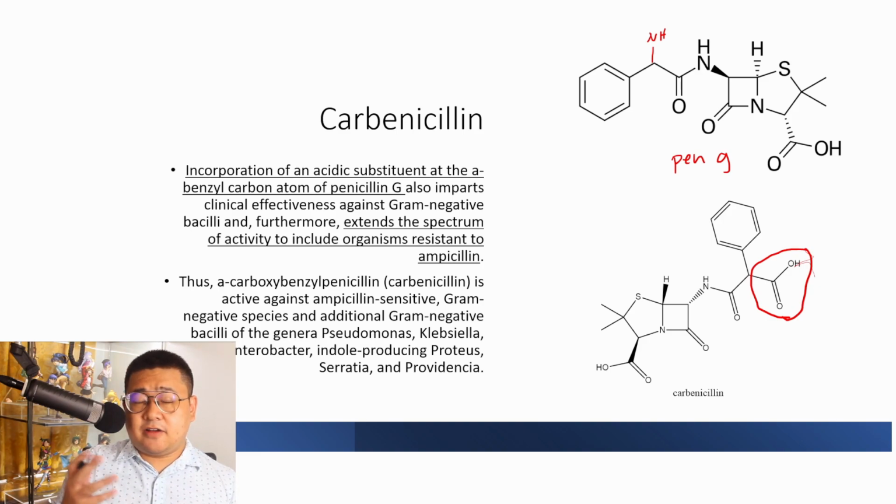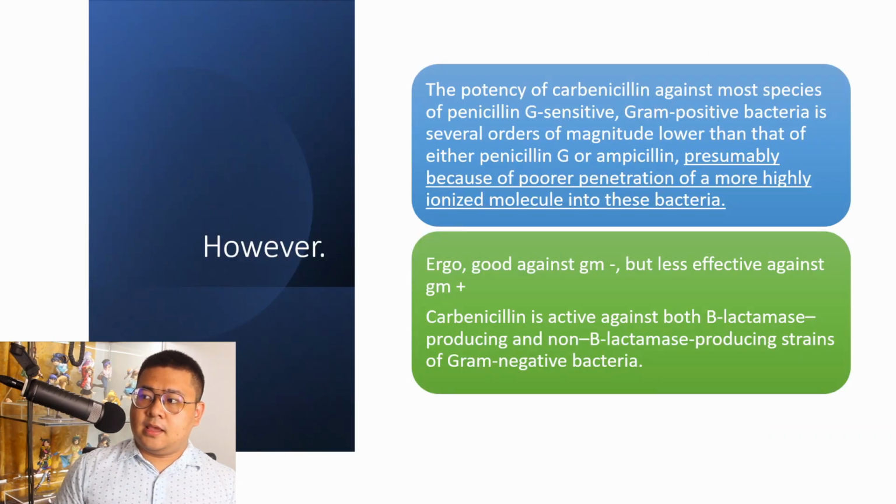It has roughly the same activity as our ampicillin. However, it has a broader range against gram-negative bacteria, including Pseudomonas, Klebsiella, Enterobacter, Proteus, Serratia, and Providencia. However, please do take note that the potency of carbenicillin against most species of penicillin G sensitive bacteria is lower than either Pen-G or Pen-V, probably because of poorer penetration of a more highly ionized molecule into these bacteria.